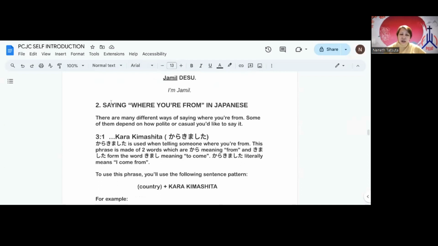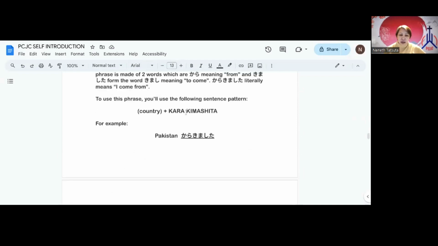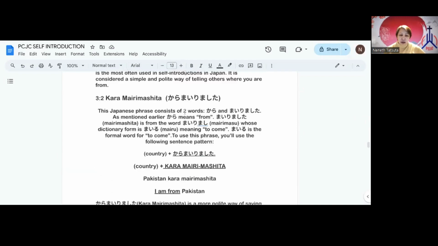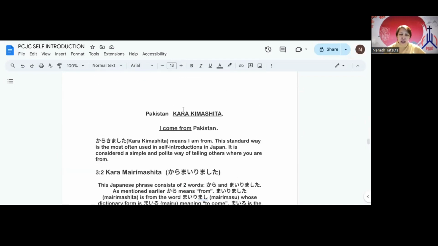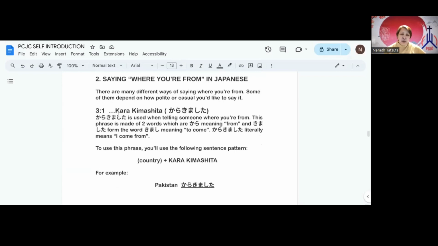Next is saying where you are from, or where you come from, in Japanese. We have three ways of saying I am from. The first one is place kara kimashita.